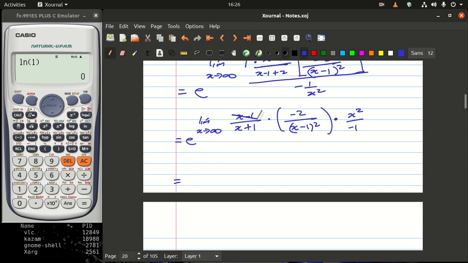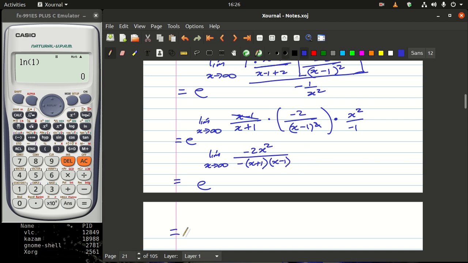This one will cancel out and one of these will be gone. And then I will have 1 times minus 2 times 2x squared. So I'm still going to have an e. I'm going to have the limit as x approaches infinity. And then here we'll have minus 2x squared. And then I divide this times that, I will have a minus 1 times (x plus 1) times (x minus 1).